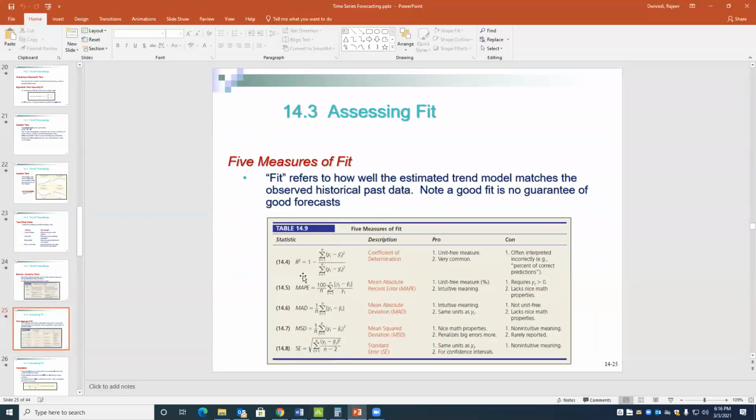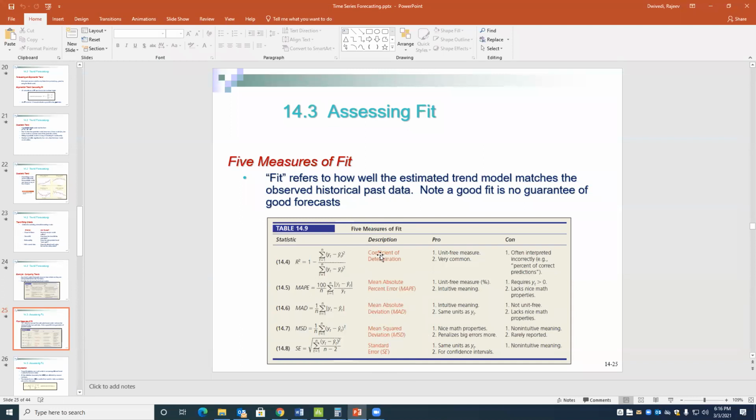And what else? MAPE, mean absolute percentage error. And MAD, mean absolute deviation. I think now by learning standard deviation and all, you can understand the meaning. Mean squared deviation, absolute deviation, like standard deviation, we learned similarly. So what is the impact of these?